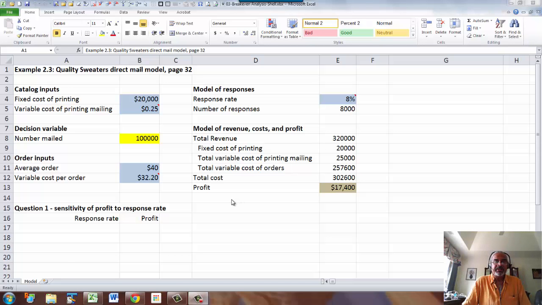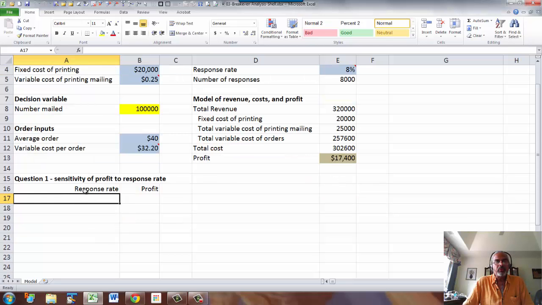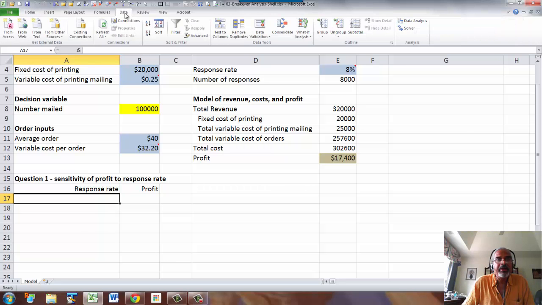And we want to do some sensitivity analysis. Now, first question is, what is the sensitivity of profit to the response rate? And we want to use what is called a data table to generate this.